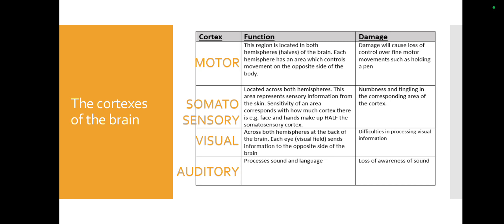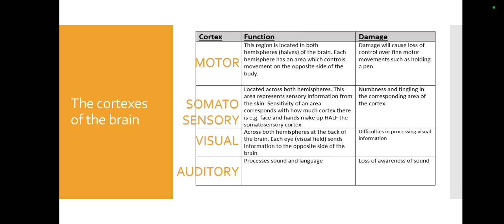So your left arm is essentially controlled by your right hemisphere and vice versa, okay? So all the bits of your brain that tell your right arm to move are all located on the left side of your brain. Doesn't make much sense, okay? It's what we call contralateral communication, but just make that stand out for me. So if we damage our motor cortex, you're probably going to experience some problems with what we call fine motor movements, such as tying your shoelaces, holding a pen, holding a knife and fork, etc.